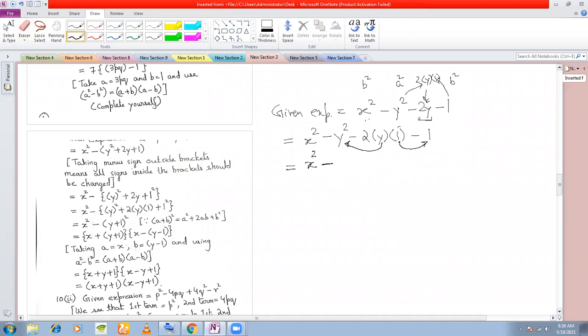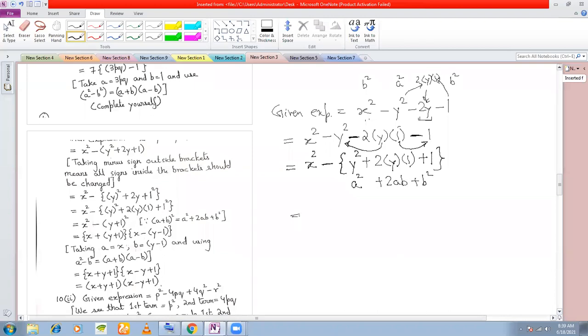So what you do is you write this as x square minus and you introduce a curly bracket, right? And because you are introducing a bracket here, y square, all the signs within this bracket will change to a plus sign. Twice into y into 1. This sign here will also change to a plus sign. Clear? Now you see this expression that we get is a square plus 2ab plus b square.